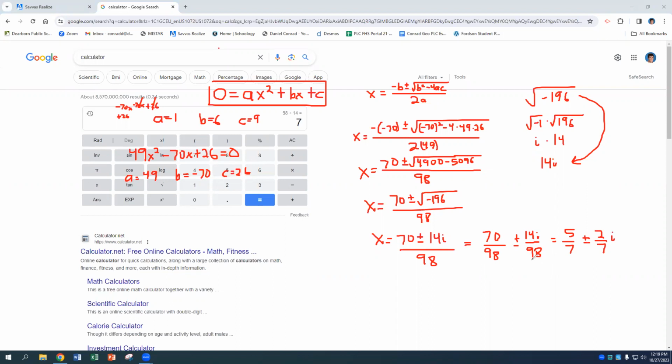I'm sorry, 14 over 98. So that's just going to be 1 over 7, 1 over 7i. All right, so my answers here are going to be X equals 5 over 7 plus 1 over 7i, and X equals 5 over 7 minus 1 over 7i.